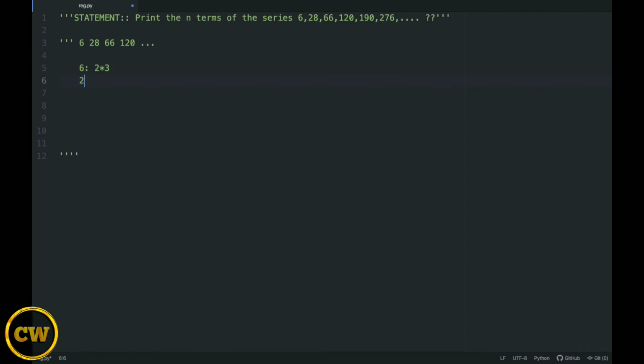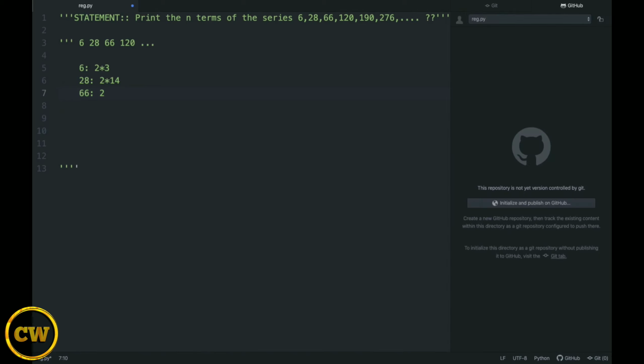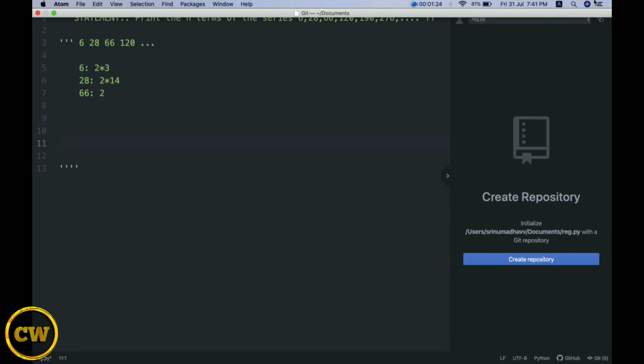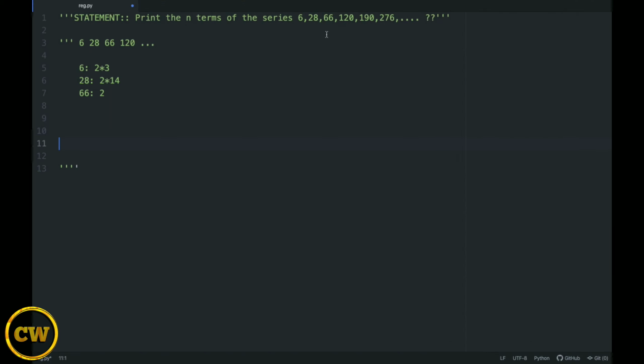And 28 can be written as 2 into 14, and 66 can be written as 2 into 33.